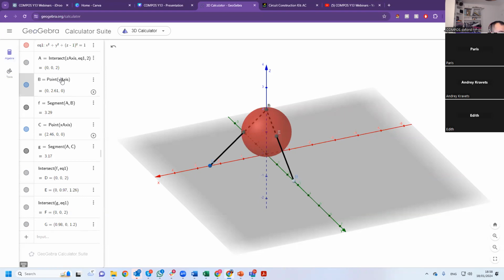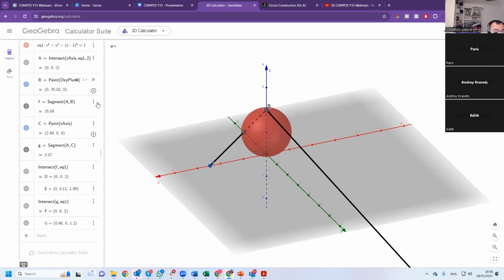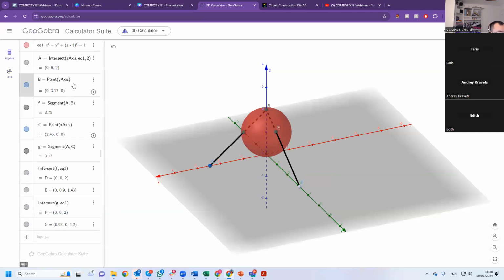Okay. Y-axis. I don't know. Does it work? Okay, so we move point B. Okay, we can change that.